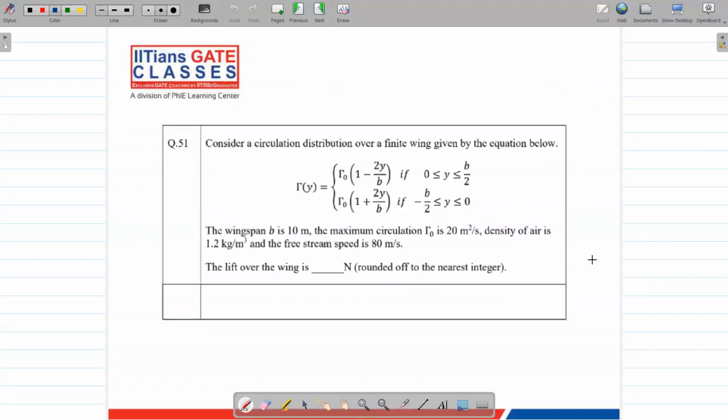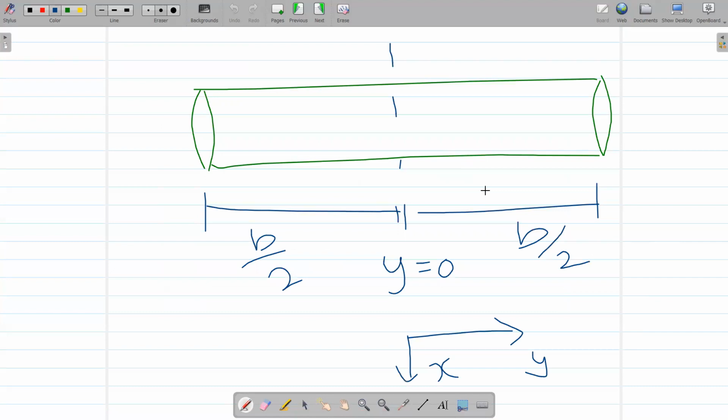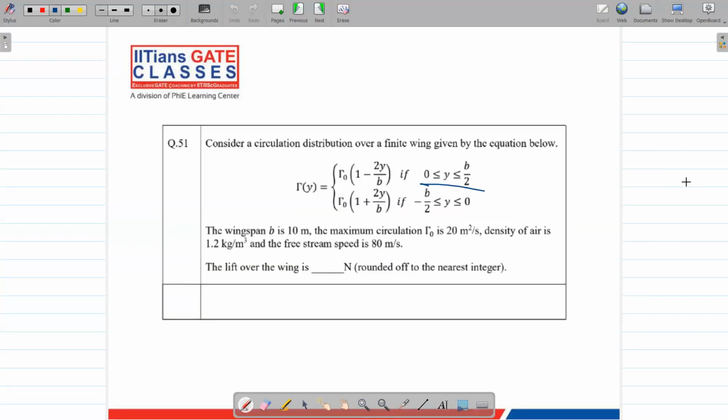So the circulation distribution is given such that it is gamma naught into 1 minus 2y by b when y is between 0 to b by 2. So on the right half, where my y is between 0 to b by 2, my circulation is given by the equation gamma naught into 1 minus 2y by b.